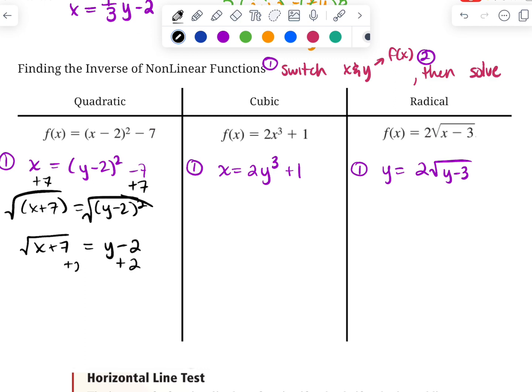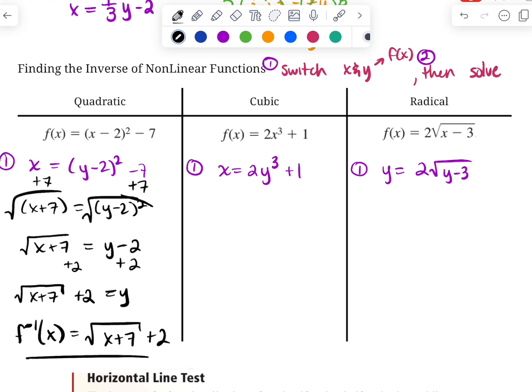And then I'd have to add 2. So I would have the square root of x plus 7 plus 2 equals y. Officially speaking, that would mean f inverse of x is the square root of x plus 7 plus 2. All right, so there's my first inverse.